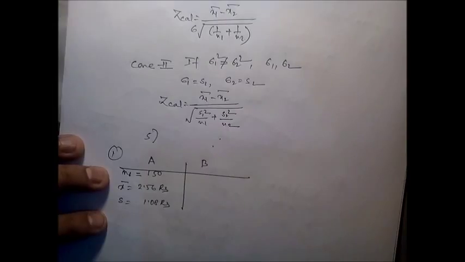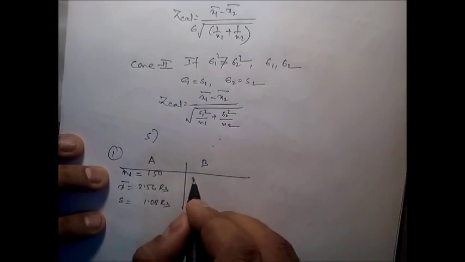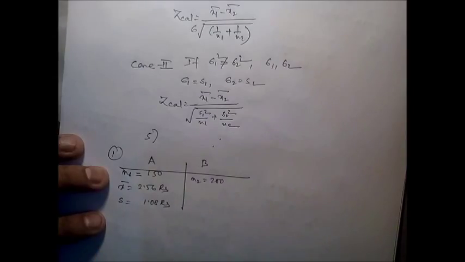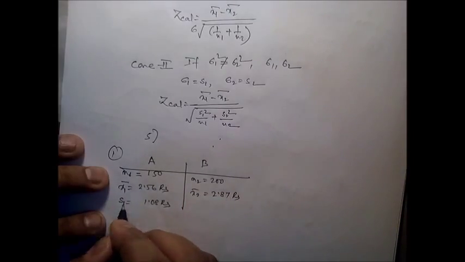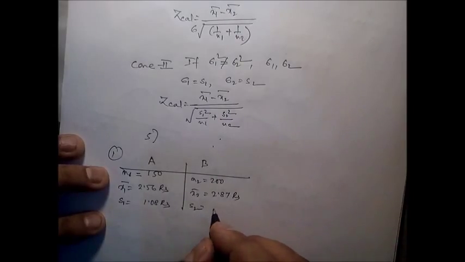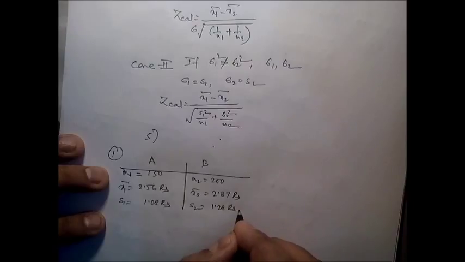Now in plant B, the average hourly wage of a sample of 200 workers was rupees 2.87 with a standard deviation of rupees 1.28. Can an applicant safely assume that the hourly wages paid by plant B are higher than those paid by plant A? Clear?